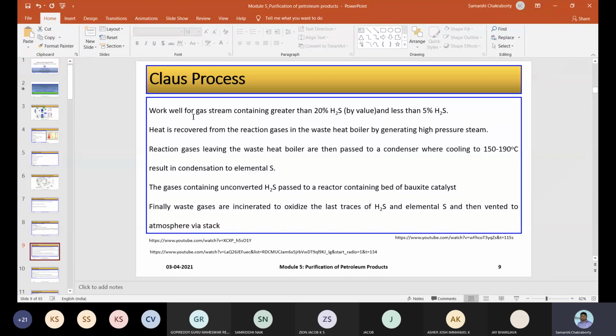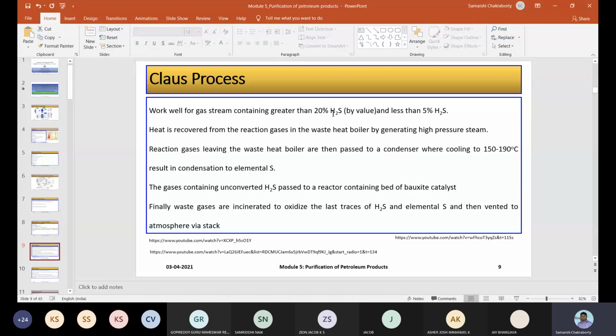This Claus process will work if your system contains H2S in the flue gases; it performs better if the percentage of H2S is on the higher side, but it can also perform down to 5 percent by volume of H2S concentration. But the higher the H2S percentage present, the better its performance would be.